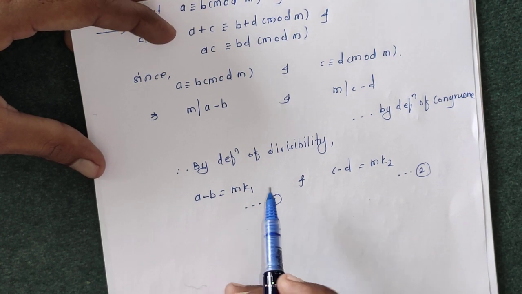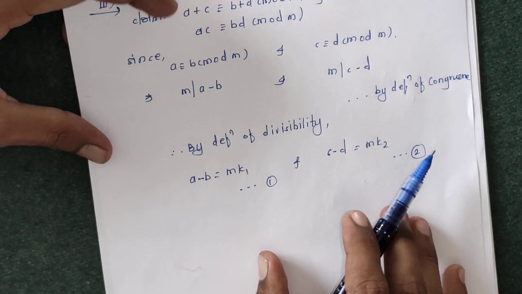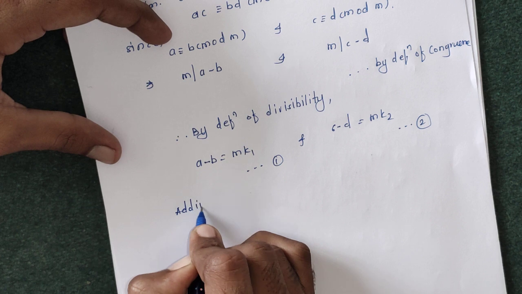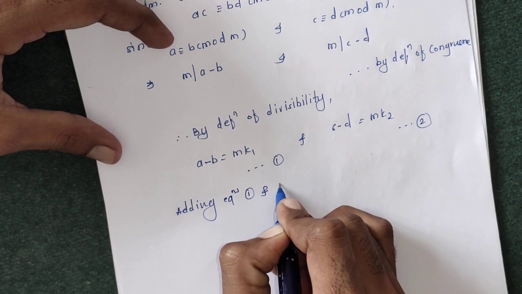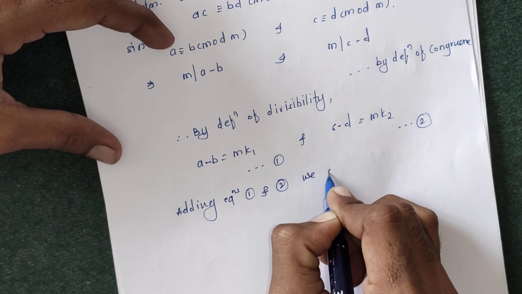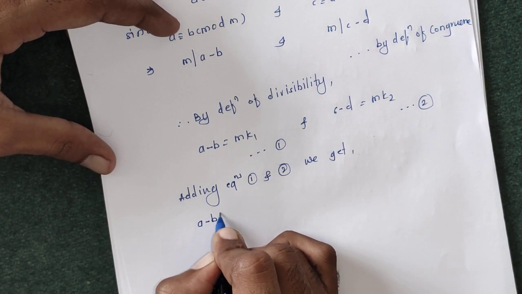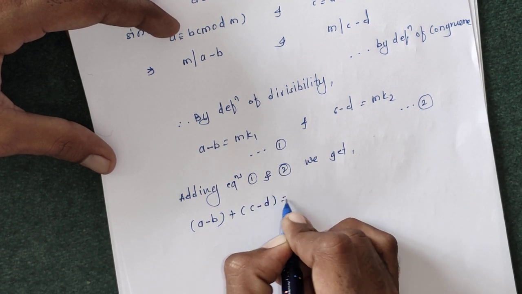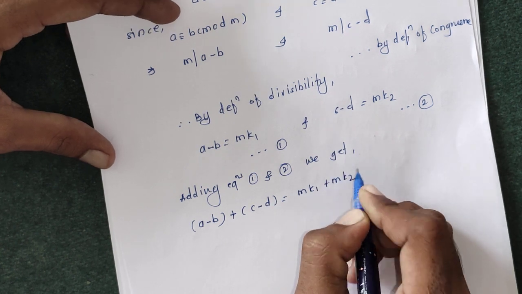So adding equations 1 and 2, we get A minus B plus C minus D is equal to m k1 plus m k2.